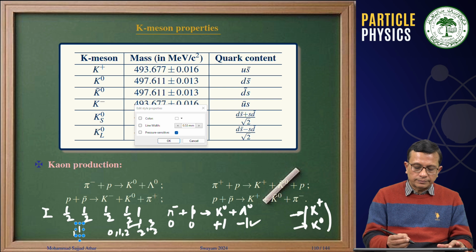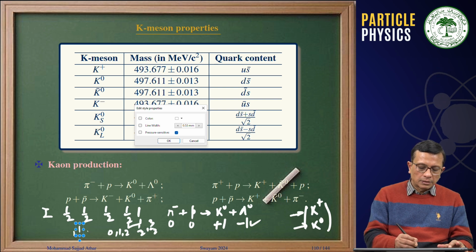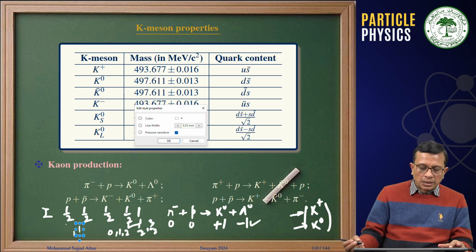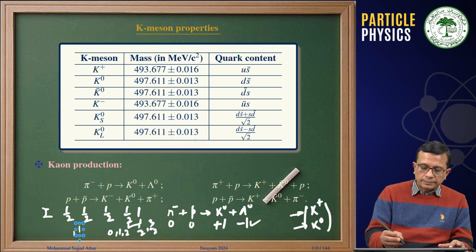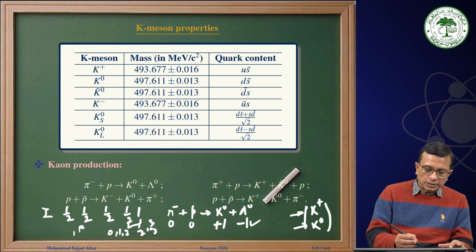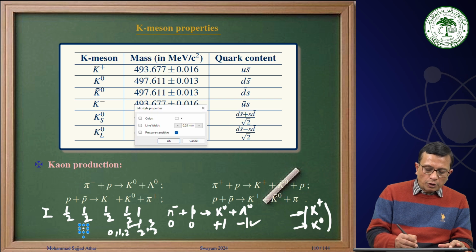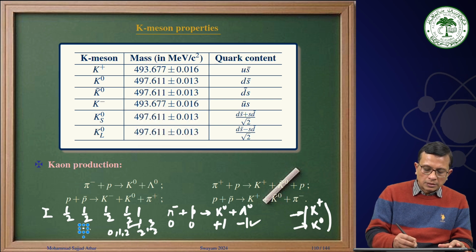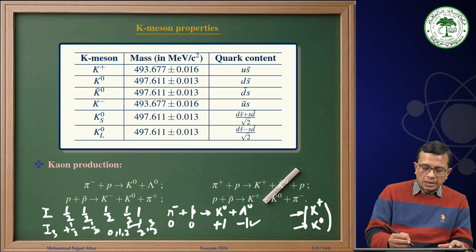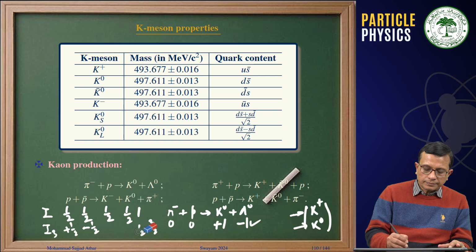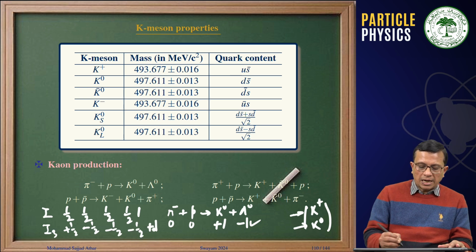Similarly, if we look at I3: I3 for proton is plus half, antiproton is minus half, and K minus I3 is minus half, K0 I3 is minus half, and for pi plus I3 is plus 1.